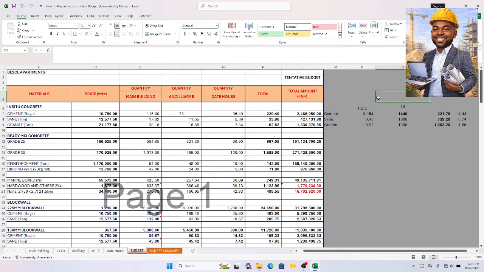Times 1.54. 1.54 is what you usually call the bulking factor, or volume of dry weight. You know, this is concrete already. When you put water in concrete, what happens? It shrinks.